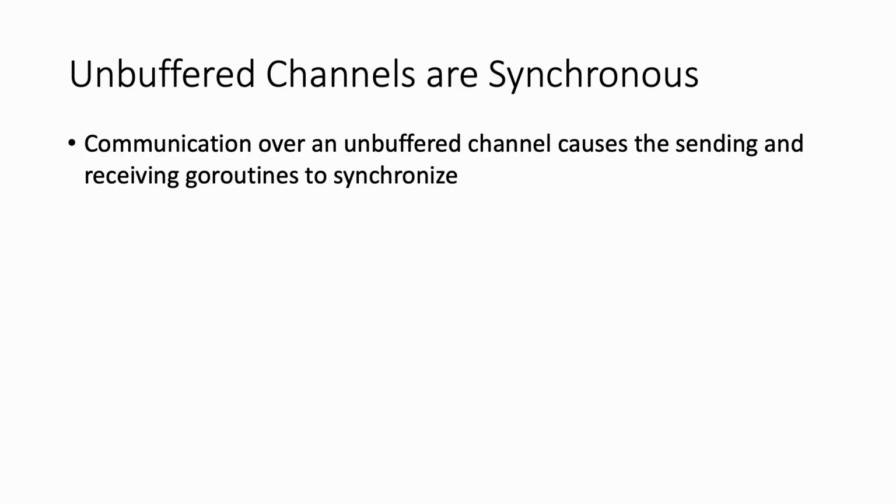The key difference between buffered channels and unbuffered channels is that unbuffered channels are synchronous while buffered channels are not. Communication over an unbuffered channel causes sending and receiving goroutines to synchronize.